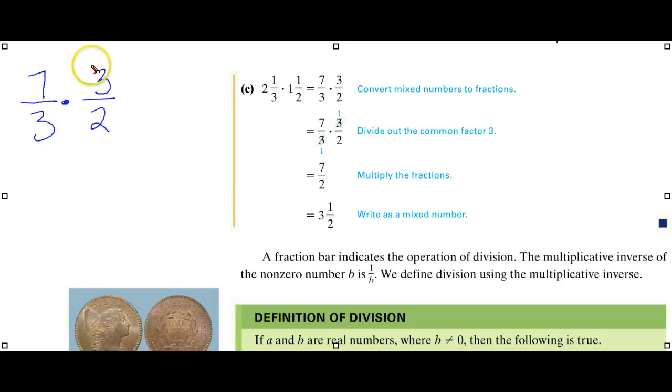Now notice you can cancel out the 3's, so your answer would then be 7 halves. And then to convert that to a mixed number, 2 goes into 7 3 times. There's a 1 left over. And you can always check your work. 2 times 3 is 6 plus 1, 7 halves. And that's what they have.